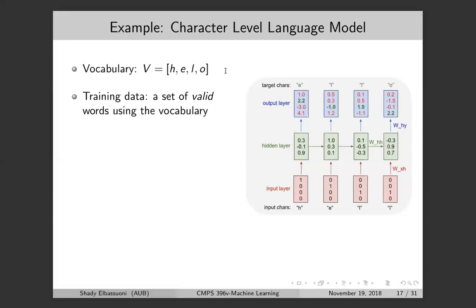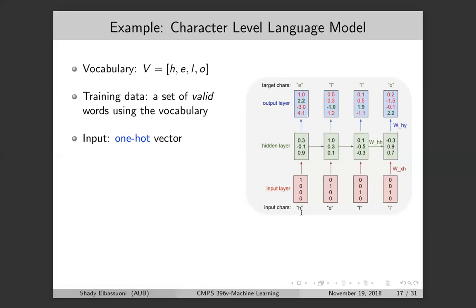I'm going to train the recurrent neural network as follows. The input first is going to be a one-hot vector. What does that mean? Every character is represented as a vector of 4, because I have four characters in my vocabulary. H is represented as the first one, E is the second, L is the third, and O is the fourth.